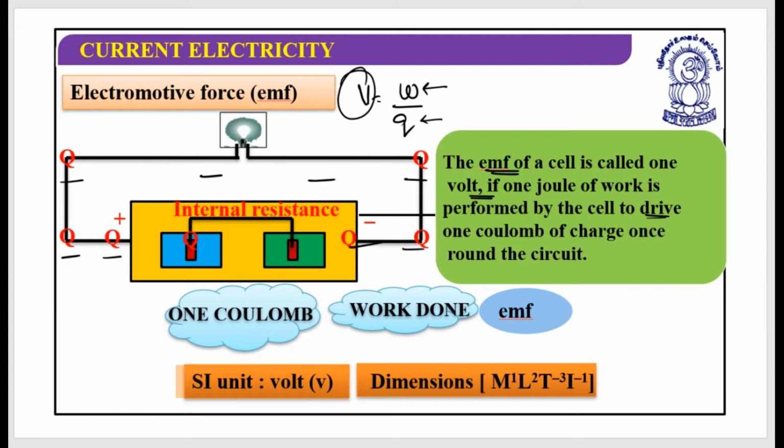So V is equal to work done by charge, and its unit of EMF is volt. The dimension you can calculate easily: M^1 L^2 T^-3 A^-1. This is EMF, electromotive force.